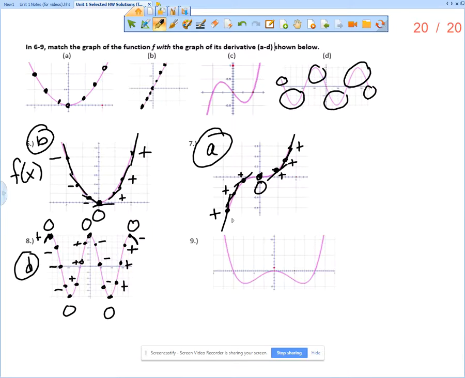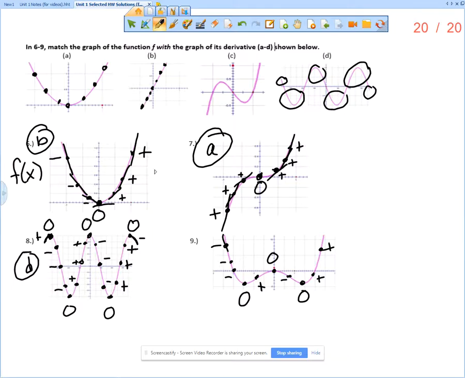All right. By process of elimination, 9 goes with C, but let's make sure we understand. So let's pick a couple points. Negative slope, negative slope, negative slope, 0. Positive slope, 0. Negative slope, 0. Positive slope, positive slope.